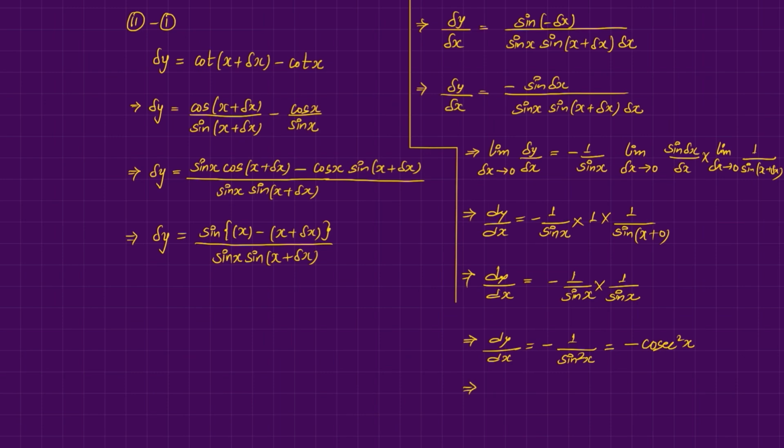Hence we have d dx of cot x equals minus cosec square x.